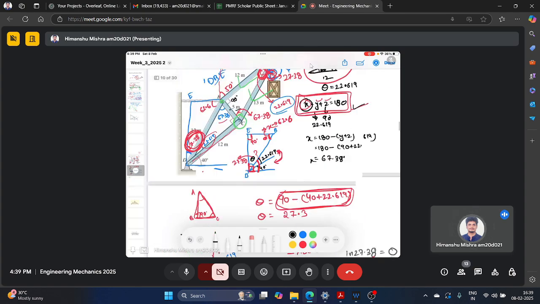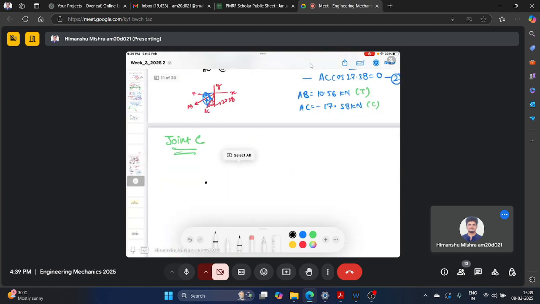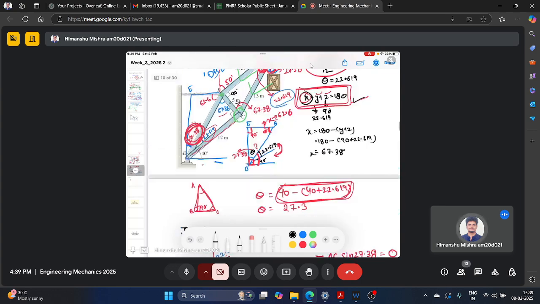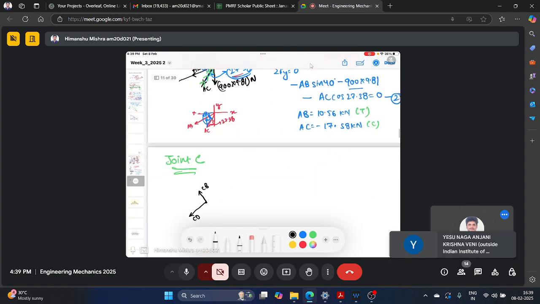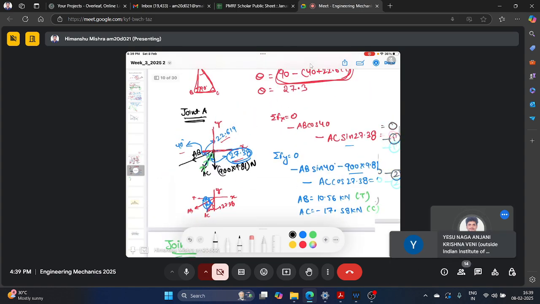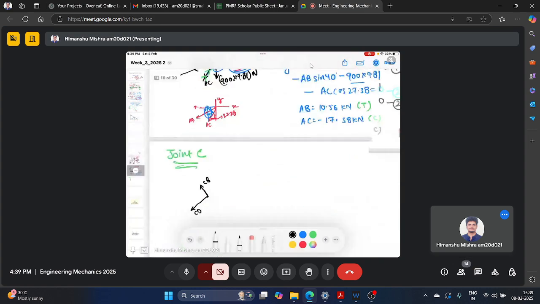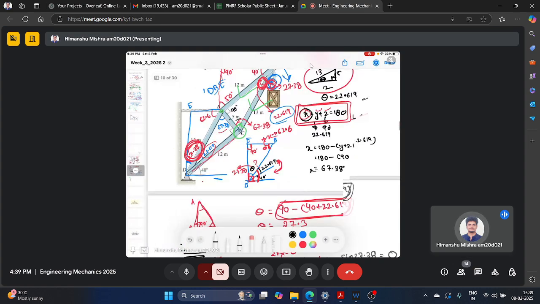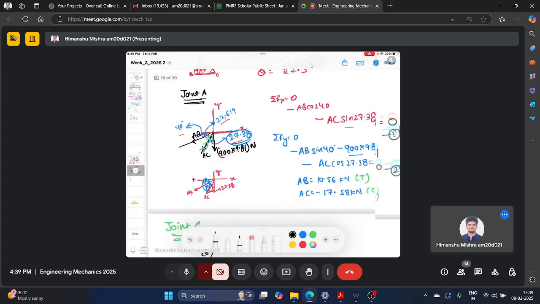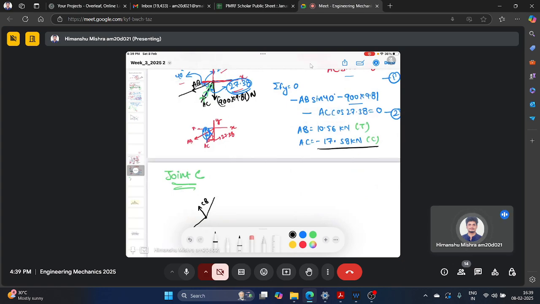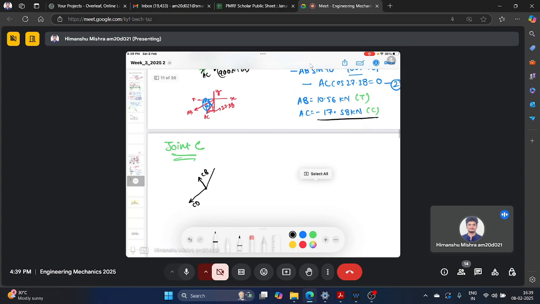So this is my joint C. Let's say this is CD and this is CB. And this is CA. For CA, we got compressive force, that is towards the joint. So it should be like this. So this is my CA.